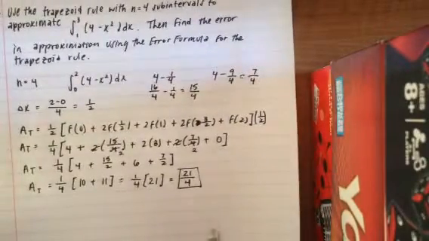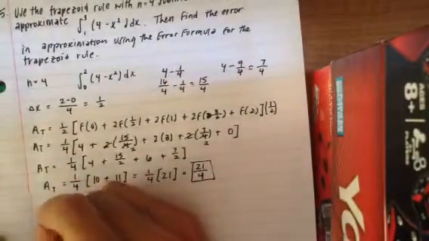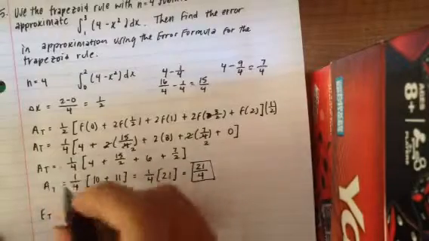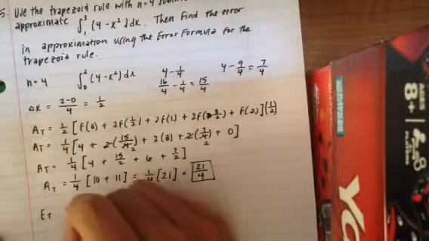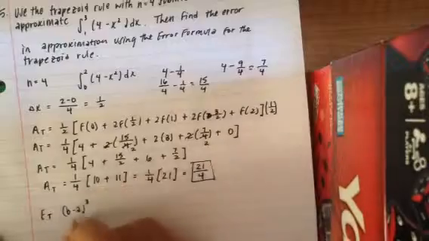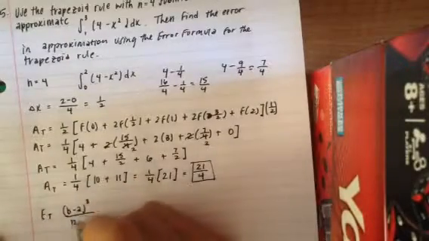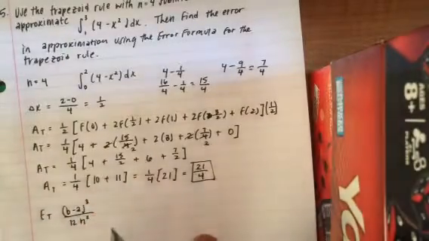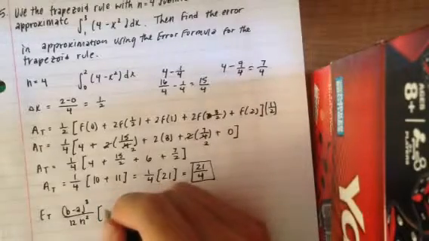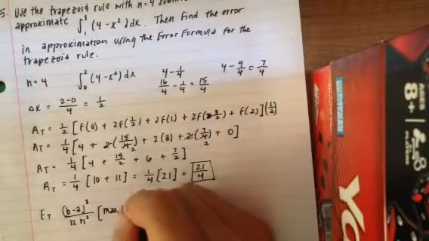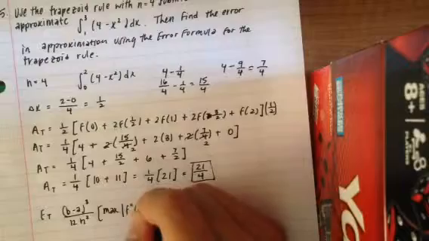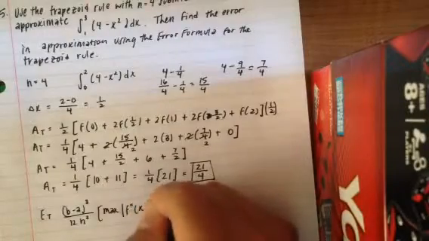Then finding the error, there's another equation, and so that is b minus a cubed over 12n squared times the max of the absolute value of f double prime of x.